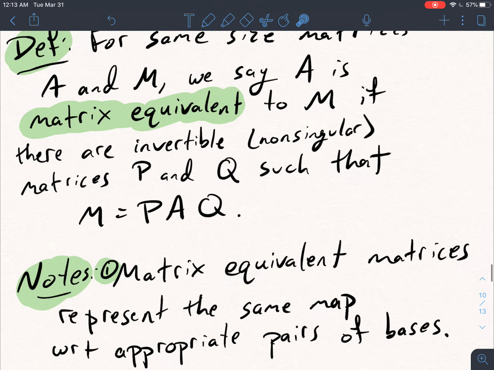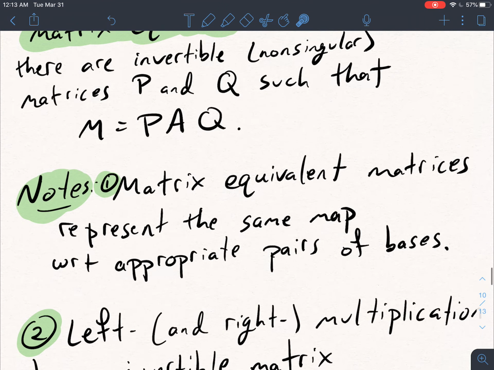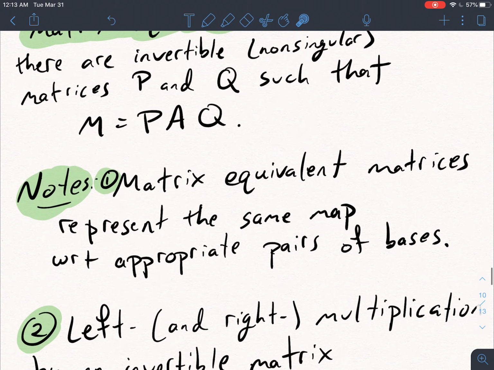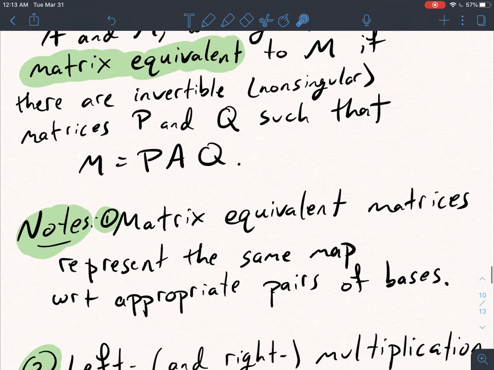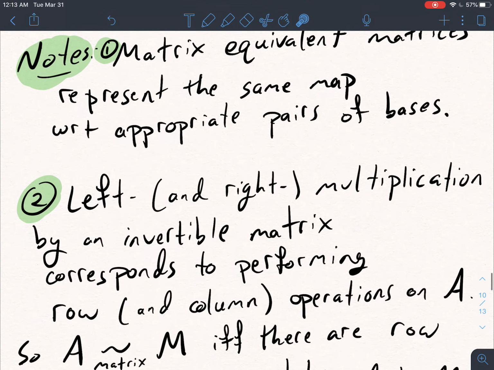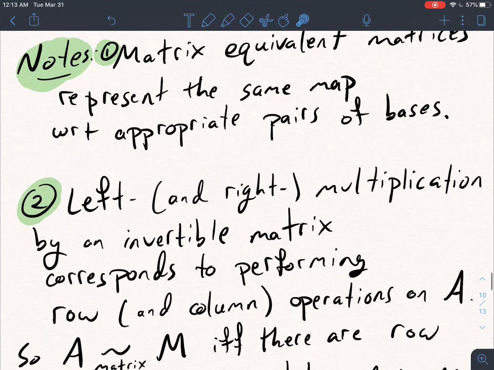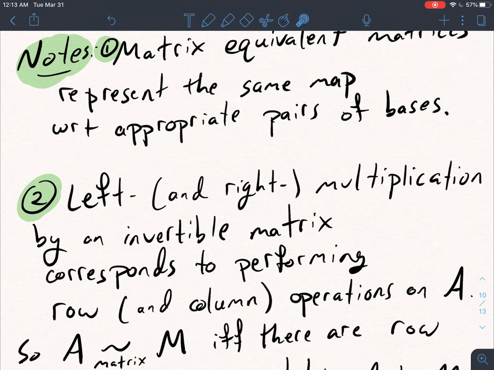So just multiplying on the left and right by P and Q just changes the bases, but it does not change the map that you're representing. Okay, well, I should also mention matrices can represent more than one map, but the point is that these two matrices will still represent the same map, just with respect to different pairs of bases.